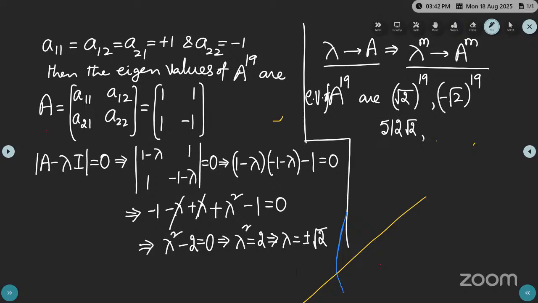Comma, minus 1 power 19. You are having minus because it is odd. Same thing or not? Minus 512 root 2. That's enough.